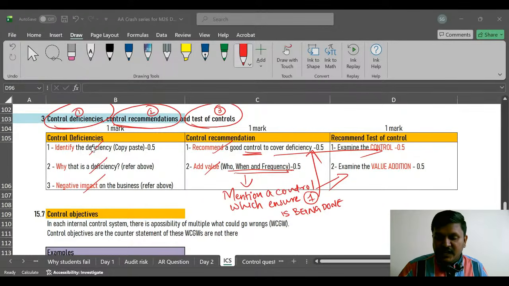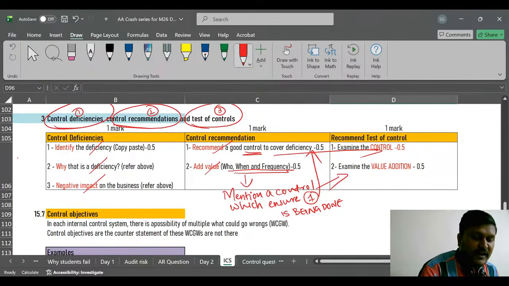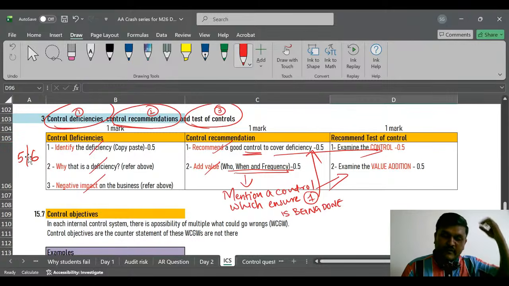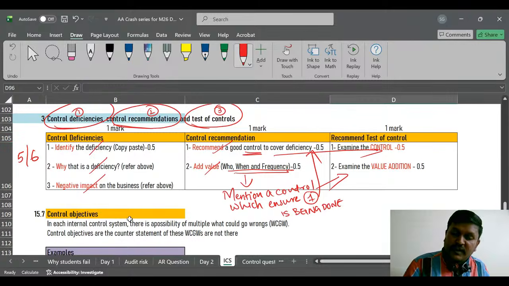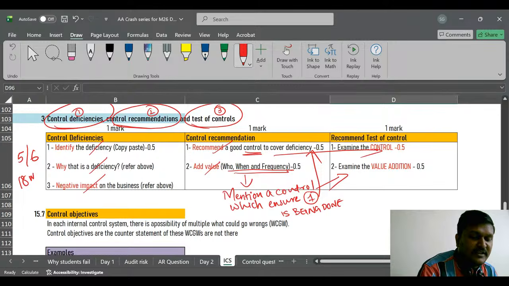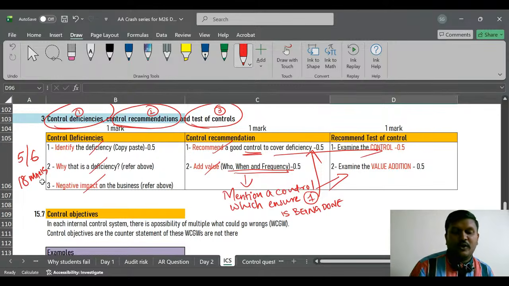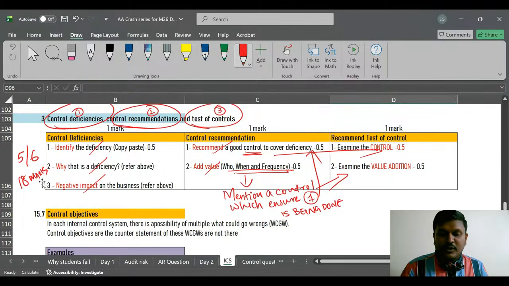Ideally these questions would ask you to identify 5 deficiencies, give a recommendation and give a test of control, or it could come for 6 also. If it comes for 6, we'll have 6 for the deficiencies, 6 for the control recommendations, and 6 for the tests of controls. It could come for a total of 18 marks also, which we are going to see in the question that we are going to do today.